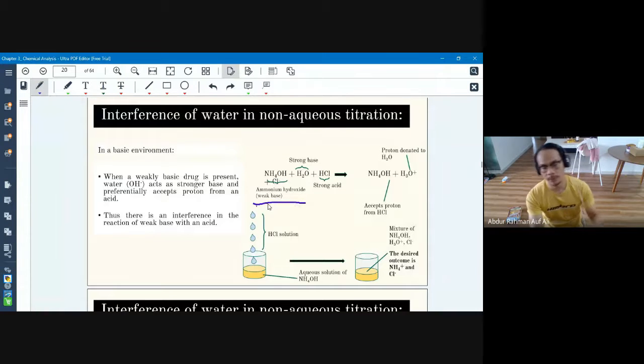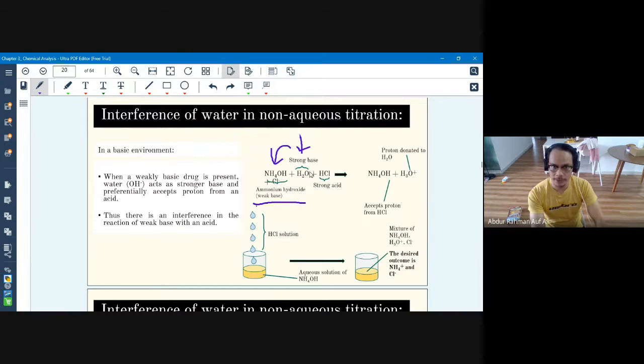So kalau kamu masuk dalam lab, kamu timbang katakanlah okay, 10 mg of ammonium hydroxide and then you dissolve in 100 ml of water. Okay, you dissolve. This is the water you dissolve it with. Okay, and this water, as we have established tadi, dia boleh behave as a base. So kalau this is a stronger base than this one, ammonium hydroxide will not react dengan our standard solution, acid ni, strong acid.